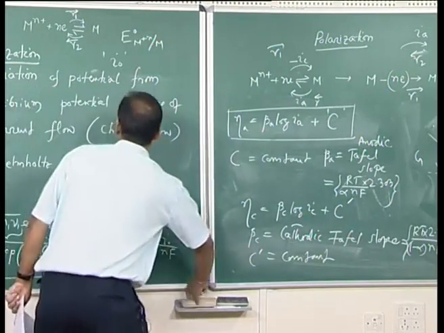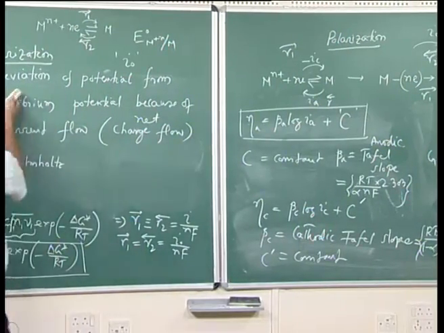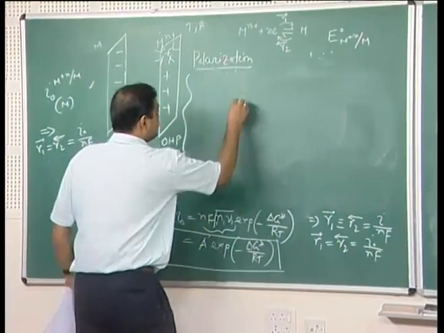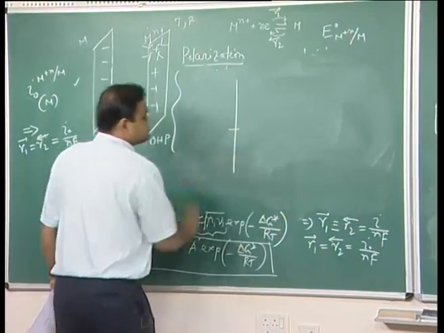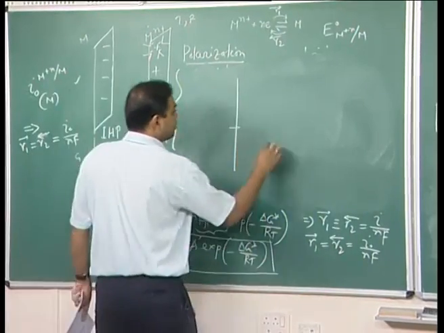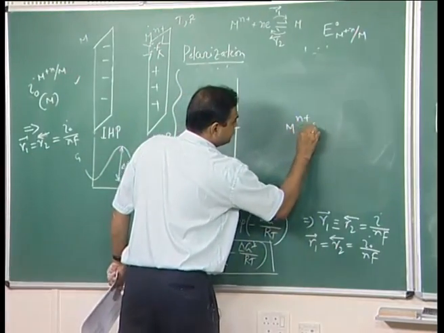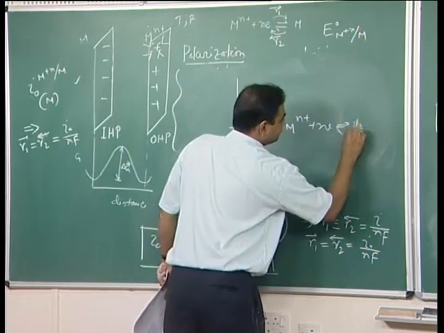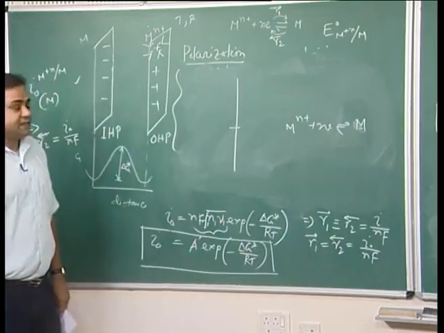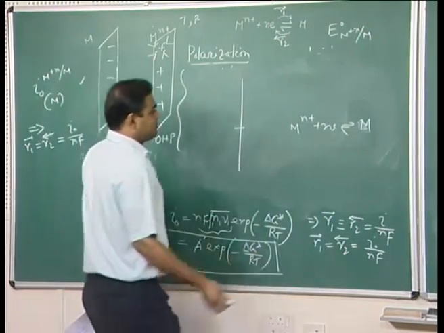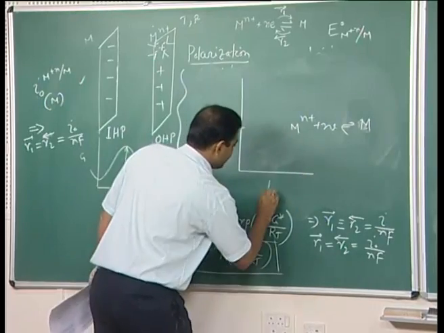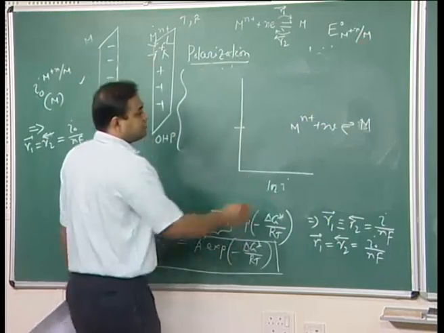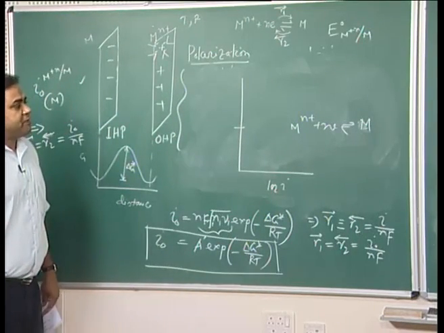Now, if we would like to see the polarization effect, let us say I am at this position where I know that this equilibrium is existing. Let us say this is my log I. What would be my current density, the rate of forward or backward process?